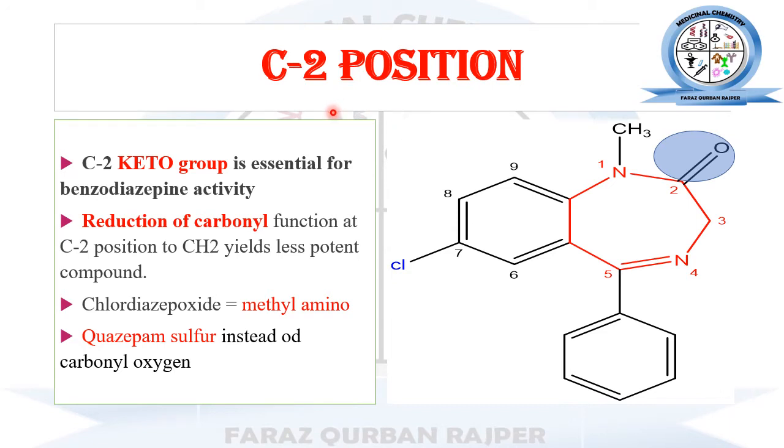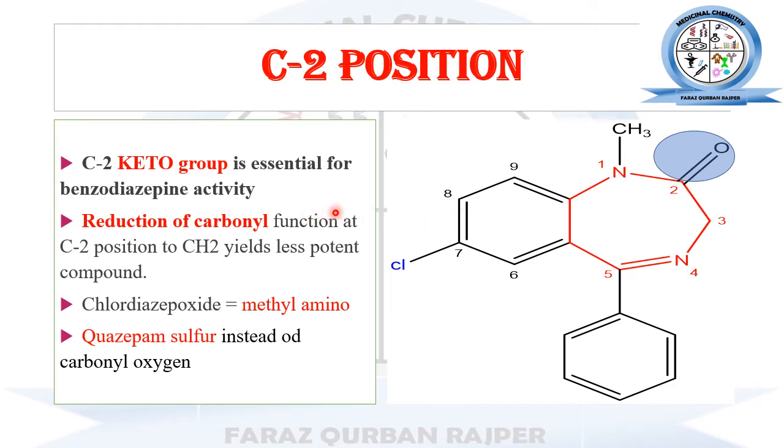C2 position. The presence of a carbonyl or ketone group at the second position of benzodiazepine is essential for benzodiazepine activity. We have already learned the structures of different benzodiazepines, and we have observed that almost all benzodiazepines contain the ketone or carbonyl functional group at the carbon number 2 position.